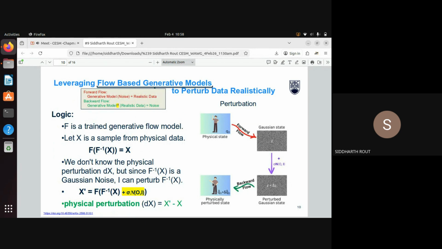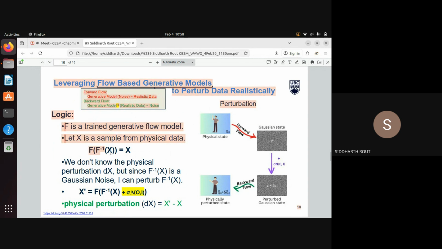So mathematically, a generative model is a function which creates a map between X and noise. X is my data, which could be this one or any satellite image. A good thing about my generative model is I can find the inverse of that.